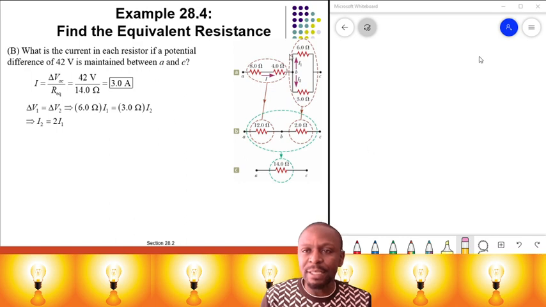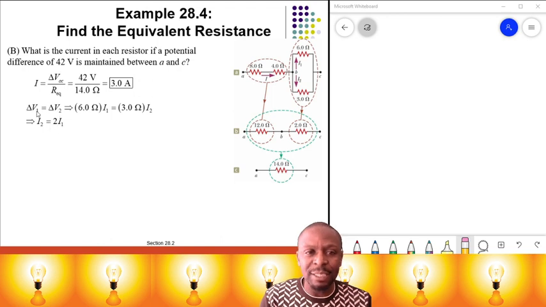Now in that case, the change in V1 is just the same as the change in V3. But what we are seeing there is that this resistor is double that resistor. As a result, I2 will be equal to 2I1.